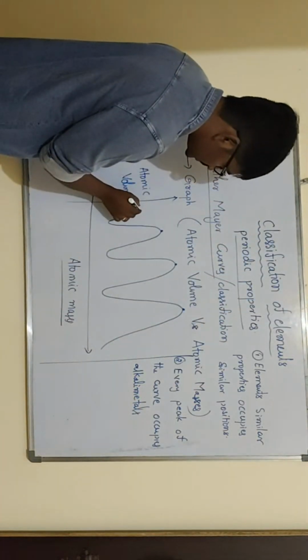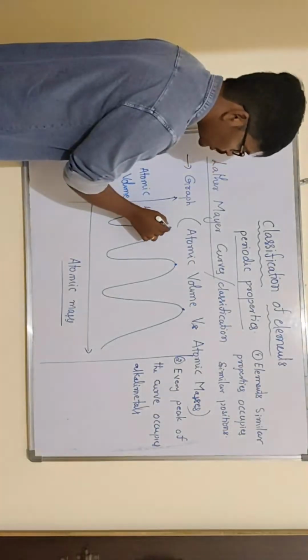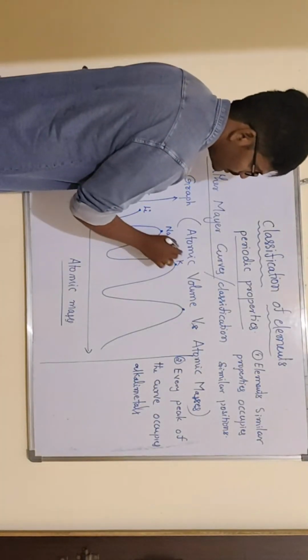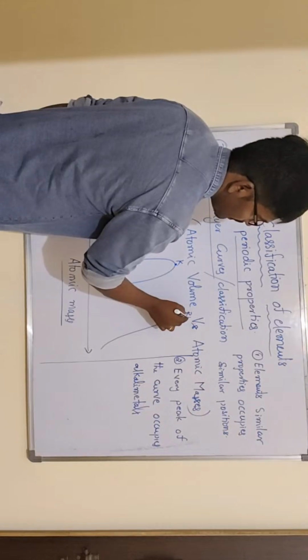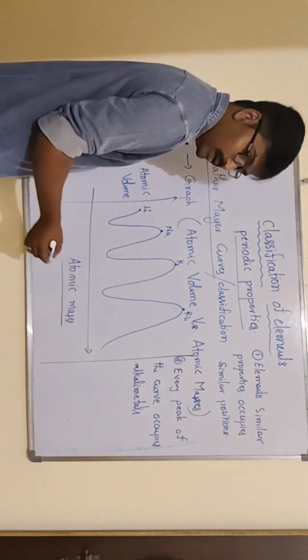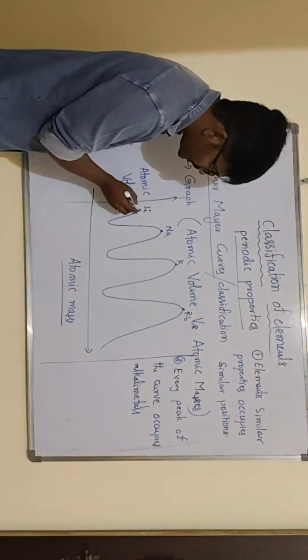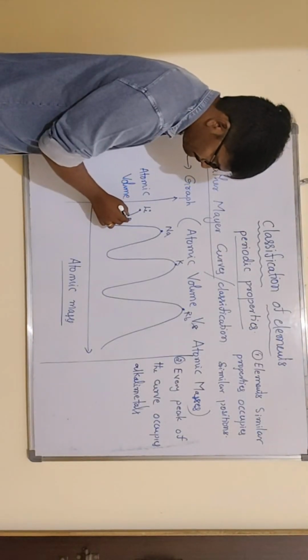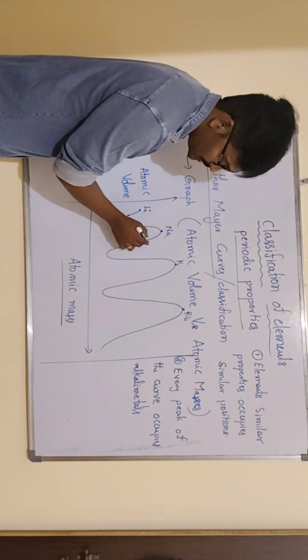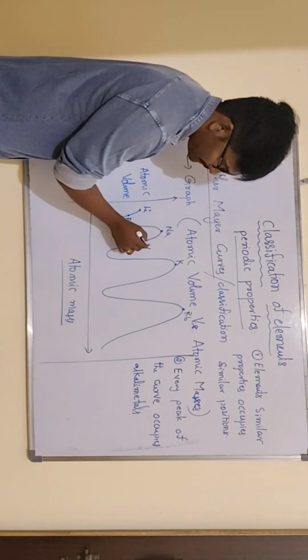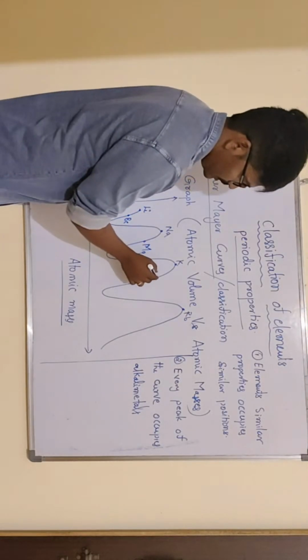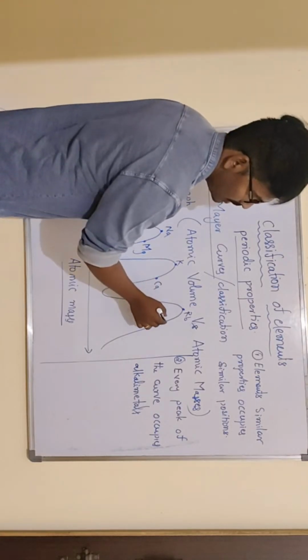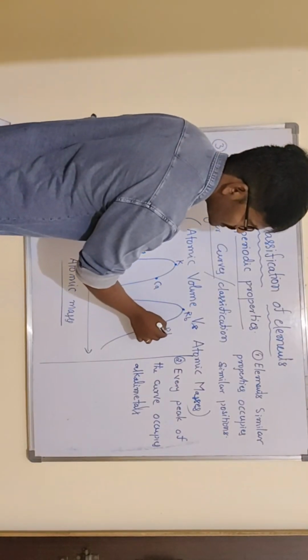For example, this is lithium, then sodium, then potassium, then rubidium, like this. Then in the descending position here, beryllium, magnesium, then calcium, and so on.